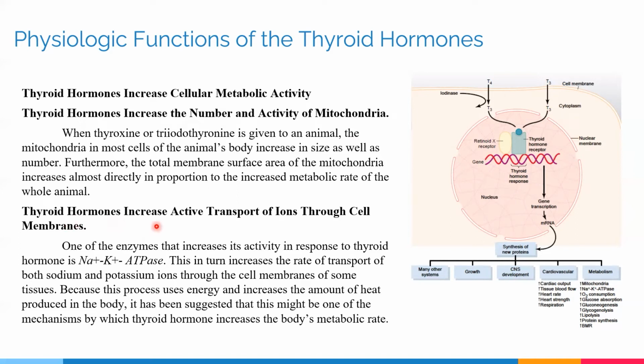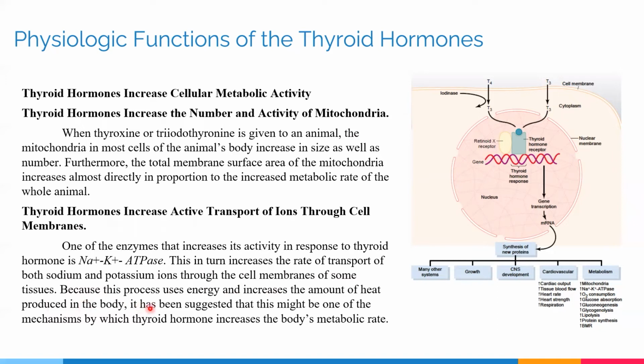Thyroid hormones also increase active transport of ions through cell membranes. One of the enzymes that increases its activity in response to thyroid hormones is the sodium potassium ATPase pump. This in turn increases the rate of transport of both sodium and potassium ions through the cell membrane of some tissues.